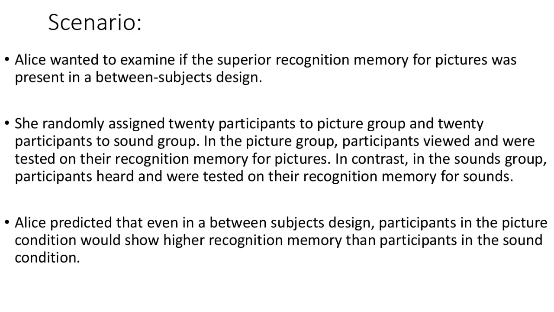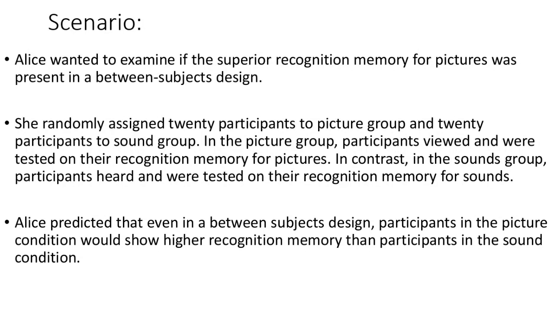This would be an independent sample t-test. The reason why is that one group of participants is randomly assigned to the picture group, which studies only pictures and is tested on pictures, whereas another group of participants is assigned to the sounds group, where they hear sounds and are tested on their memory for the sounds.